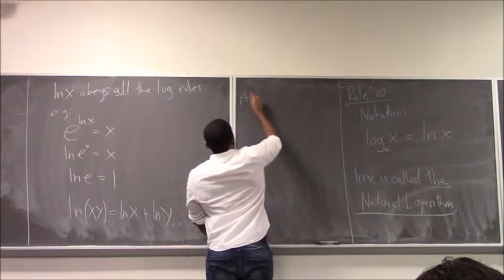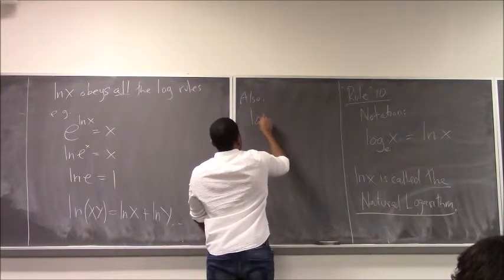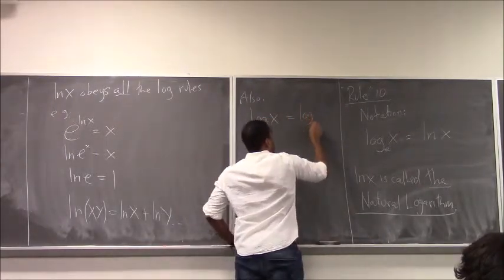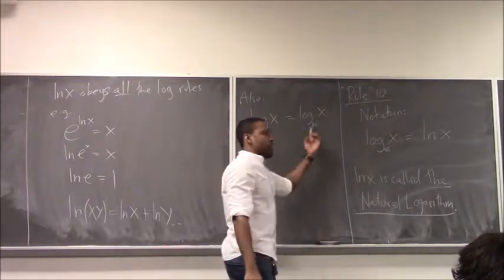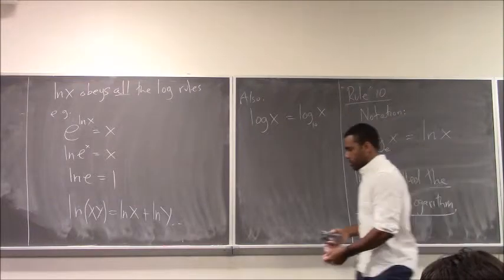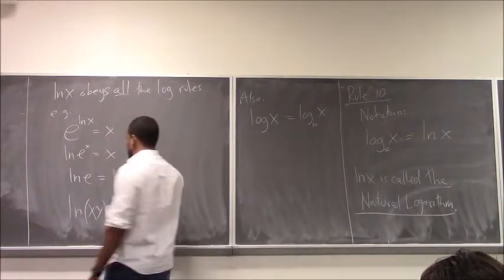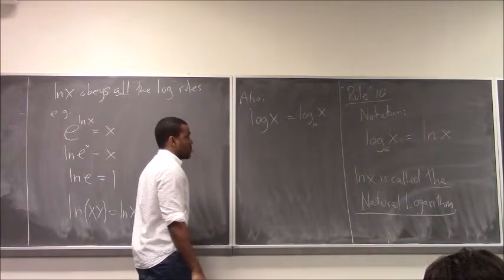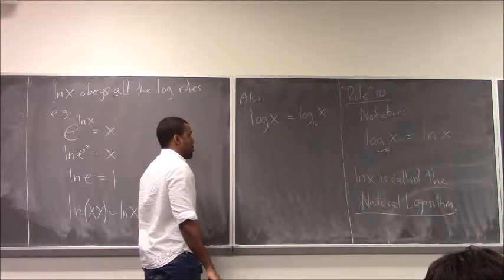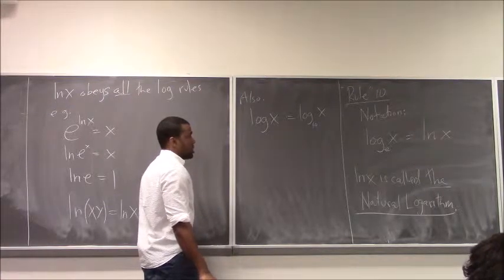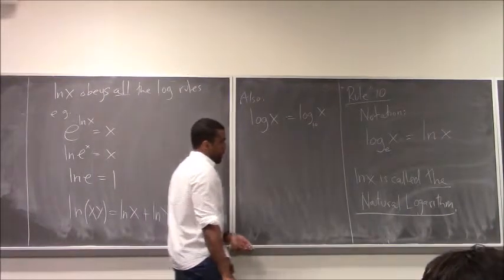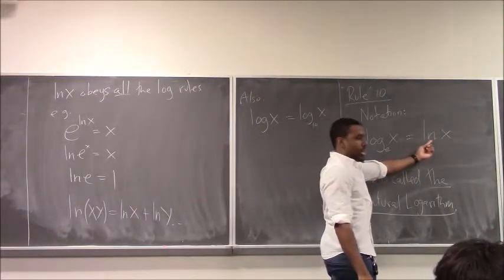Also, if you just have log of x and the base is not written, you can assume it's log to the base 10. But do be aware that if in the future you branch off to a different discipline, these notations might change. If you read an advanced math textbook, you won't see ln in the textbook.